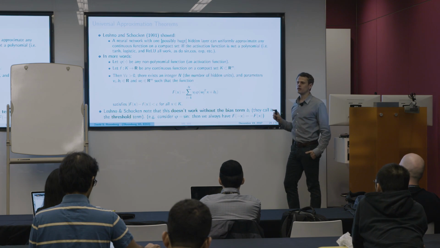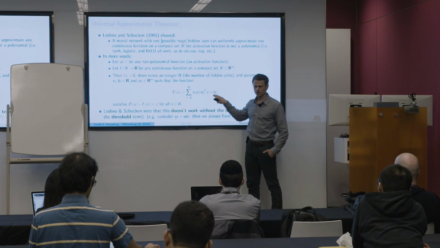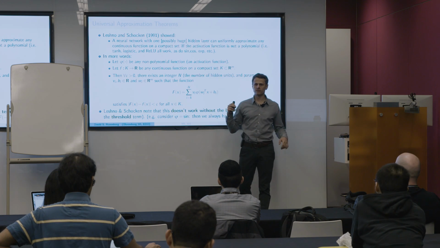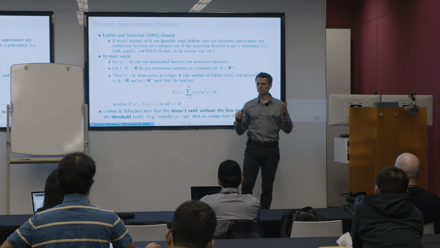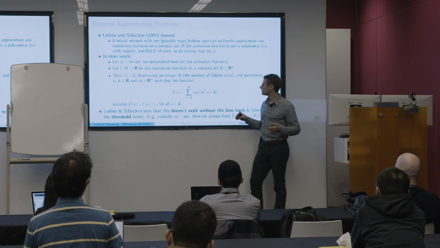One thing that they point out that's important in the proof is that you need this bias term. So if you just have a linear combination of the inputs without the bias, you have issues. And this is actually not so difficult to see.